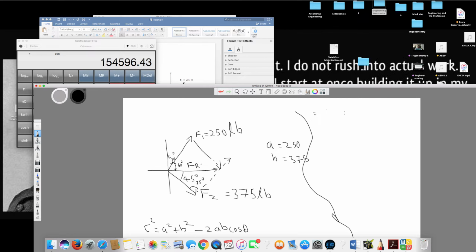154,596.43. Root of 154,596.43. So let's find the root.